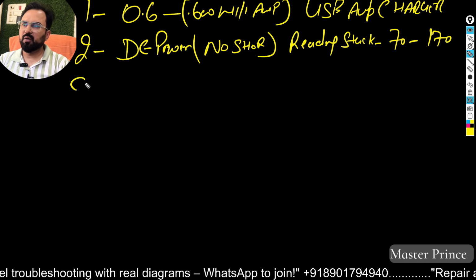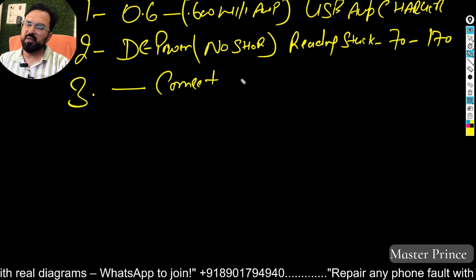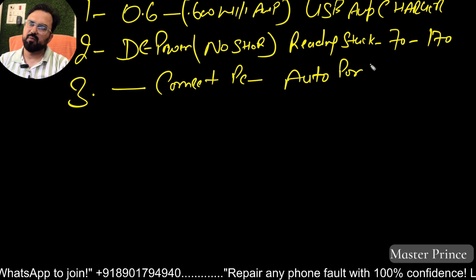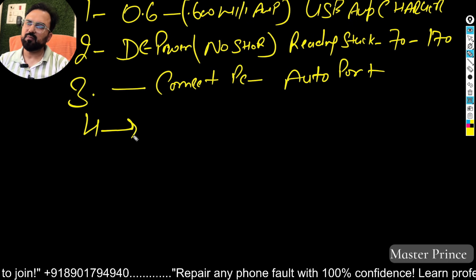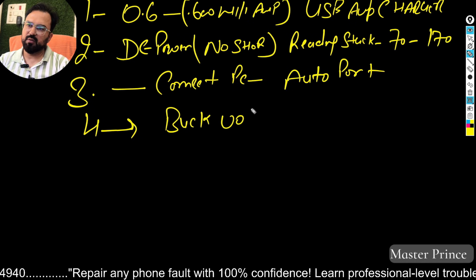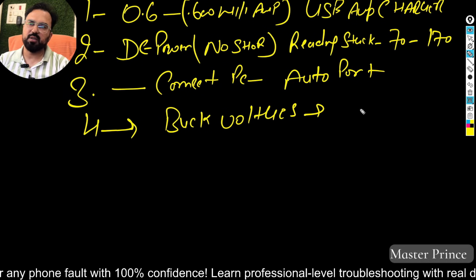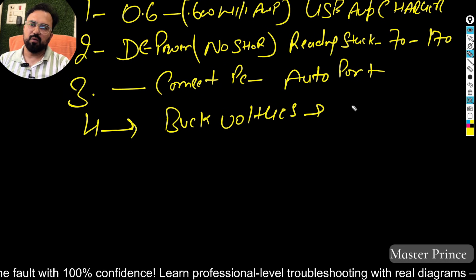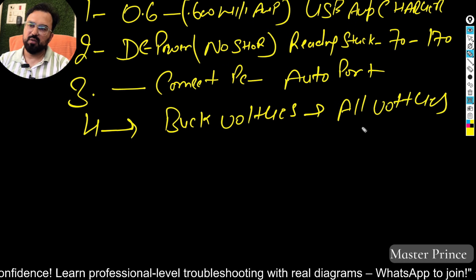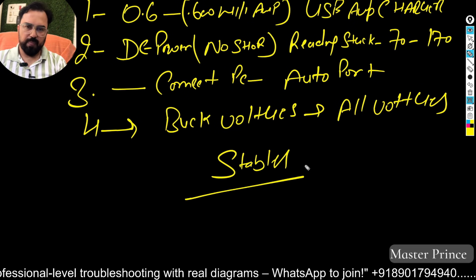Number 3, connect with the PC, it's taking the auto port. Number 4, when you check the buck lines, the buck voltage status, all the voltages are stable. So these are the 4 clues.